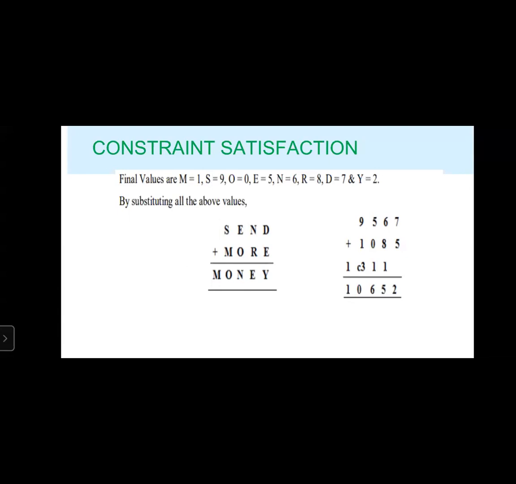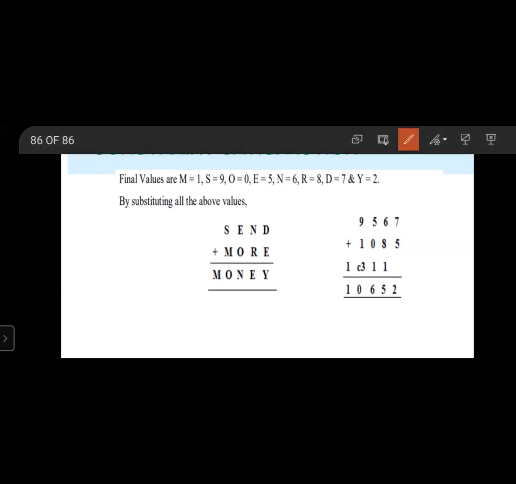9567 plus 1085 equal to 10652, MONEY. M equal to 1, O equal to 0, N equal to 6, E equal to 5, Y equal to 2.